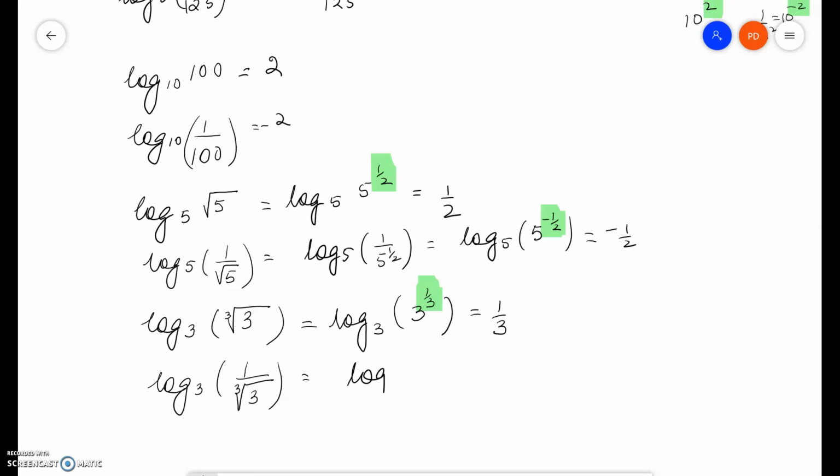We can write it as log to the base 3. Notice this is 1 over 3 to the 1/3. This is equal to log to the base 3 of 3 to the negative 1/3. So the exponent is the log of the number.